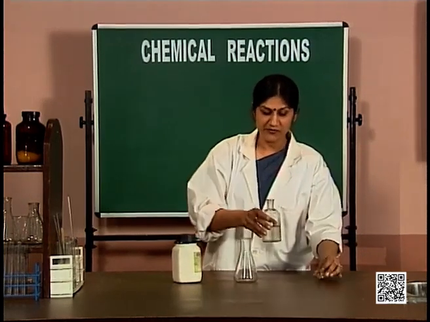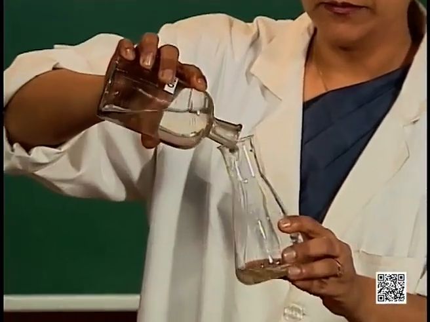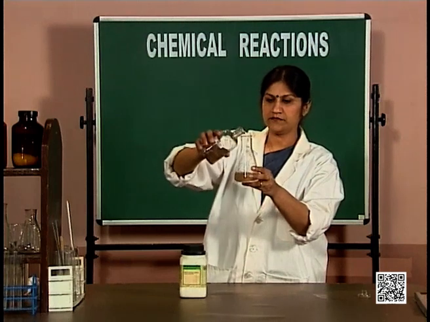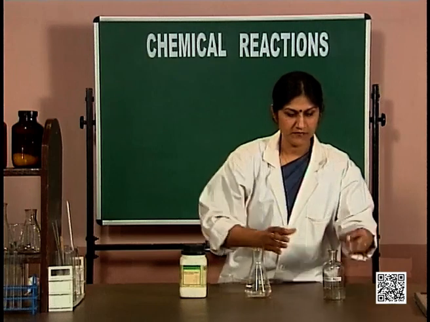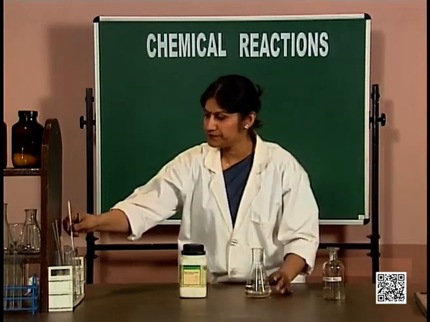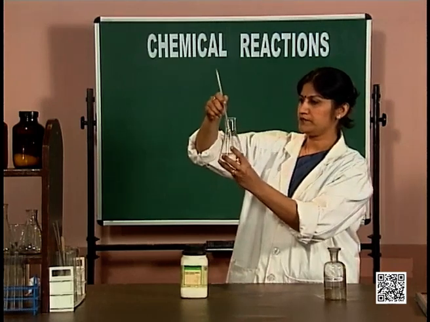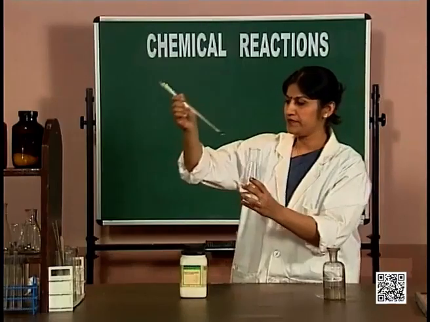Now let's take some citric acid into the conical flask, and measure its temperature. It's 16 degrees Celsius.